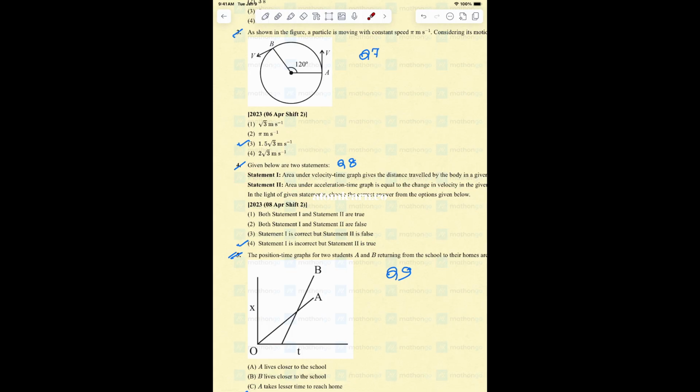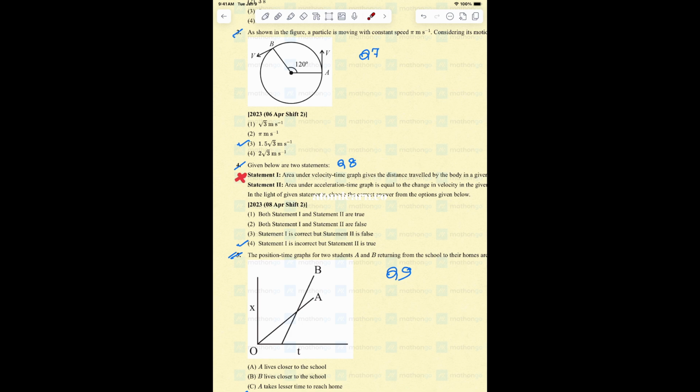In the light of the given statements, choose the correct answer from the options given below. Both statements 1 and 2 are true in a sense, but strictly it is not actually distance, it gives you displacement. Because if there is a negative area, the area under the velocity time graph is strictly an algebraic addition, not an absolute value addition.